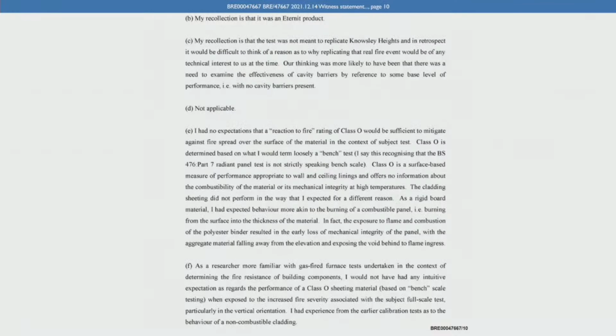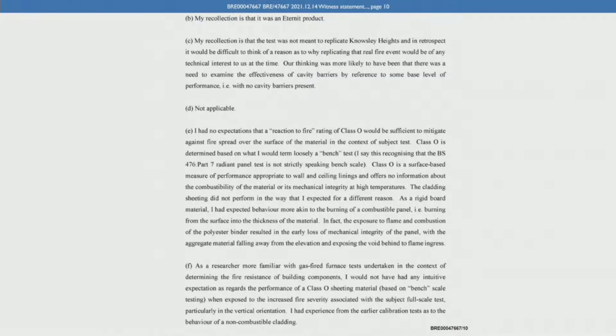And if we look, please, at the next page of his statement, paragraph 22E, he says, I had no expectations that a reaction to fire rating of class 0 would be sufficient to mitigate against fire spread over the surface of the material in the context of the subject test. Class 0 is determined based on what I would term loosely a bench test.